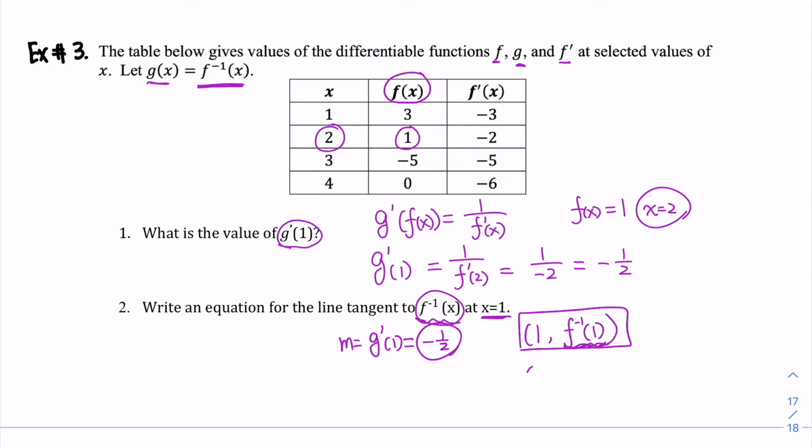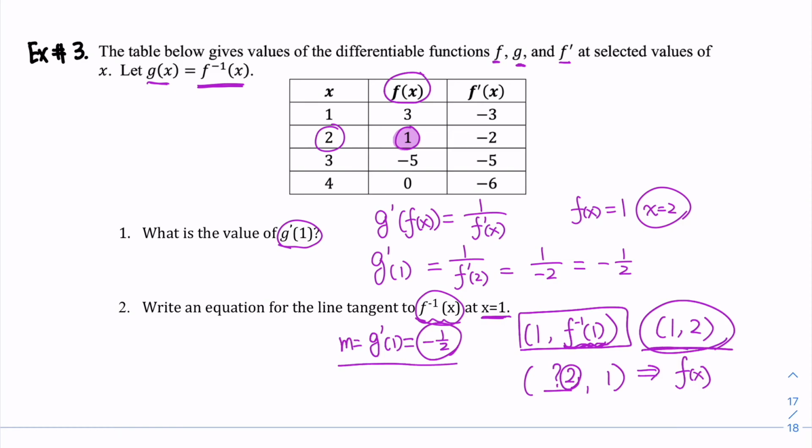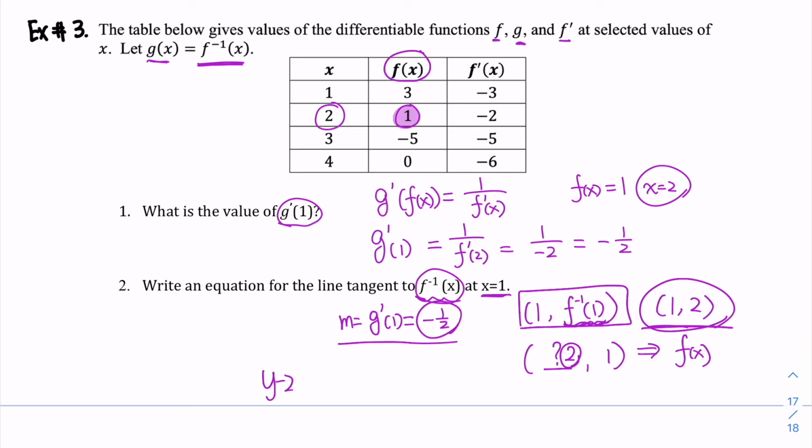So we are looking for what value gives us 1 for f of x. If we look at here, when the y value equals 1, the x equals 2. So there should be 2 here. That means (1, 2) is on the graph of the inverse function. So given the slope and the point, the equation will be y minus 2 equals negative 1/2 times (x minus 1).